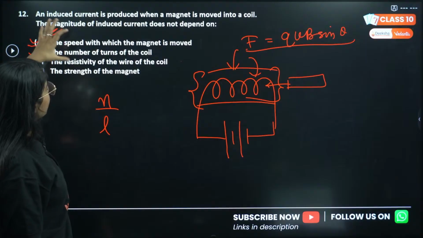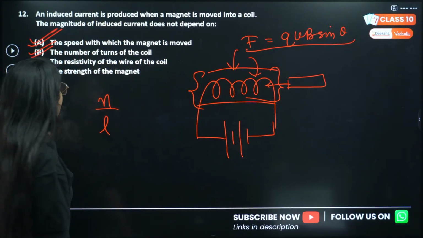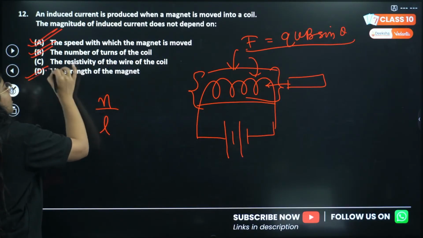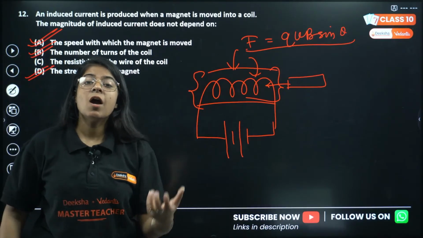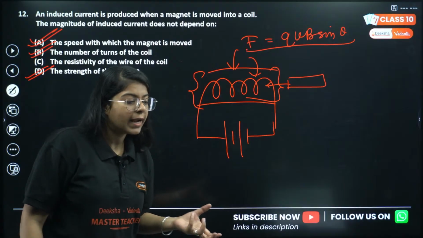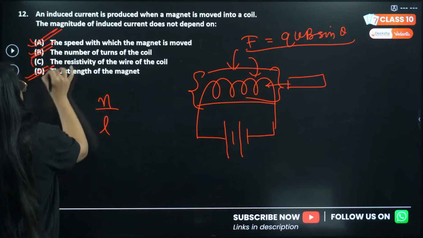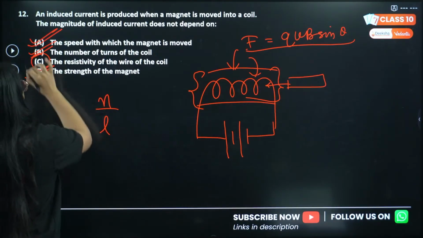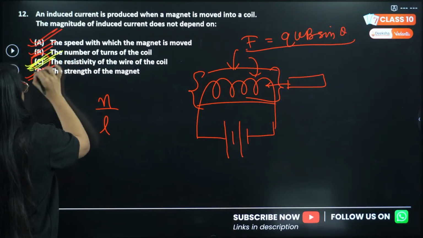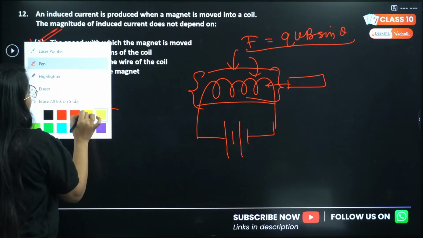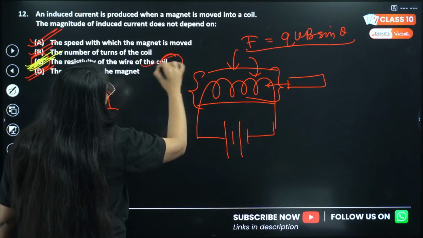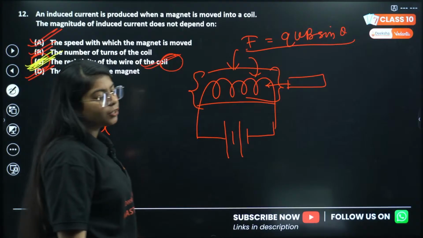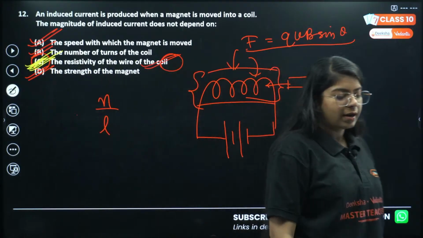It definitely depends on the number of turns of the coil, and it definitely depends on the strength of the magnet. More powerful a magnet is, more current it will induce, right? And hence our answer is C option, that is resistivity of the wire. Resistivity of the wire will not affect the magnitude of the induced current.